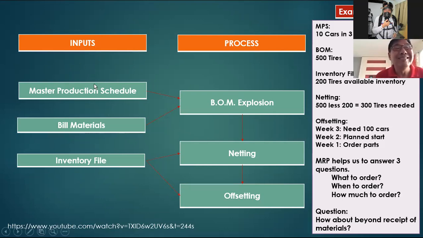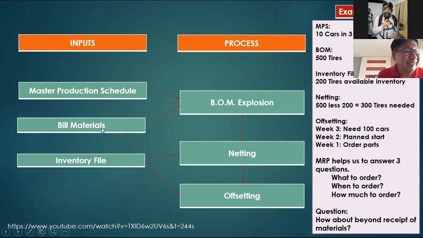The first input of MRP is the master production schedule. The master production schedule is the order schedule. So for example, let us see here the MPS. If we have an order of 10 cars in 3 weeks, that's the order for us.